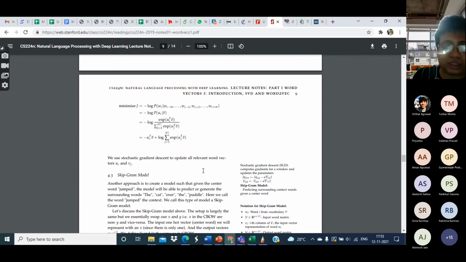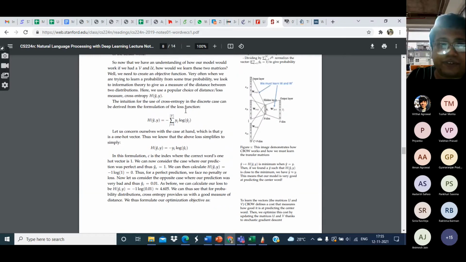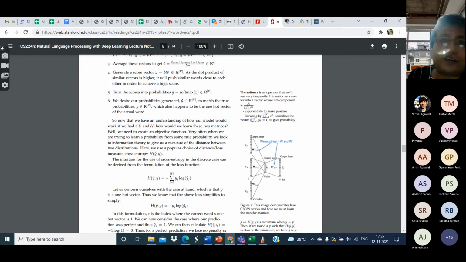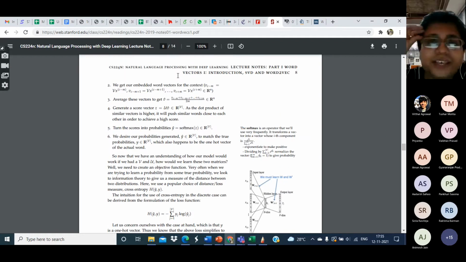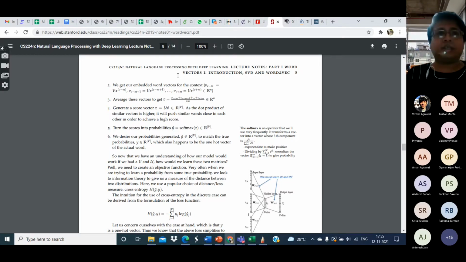Now once you have got U and V, remember that V is a D cross V matrix, where V is the vocabulary size and D is the dimensionality of the word vector which you want.